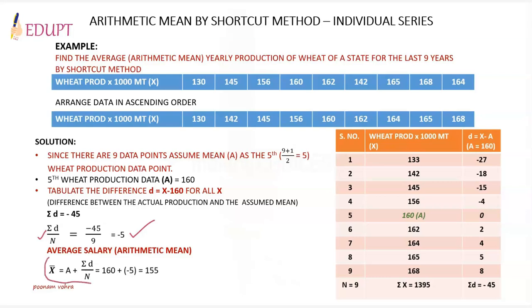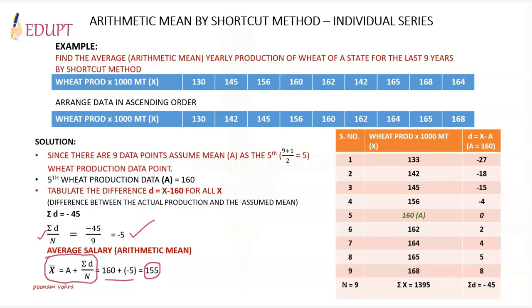X bar is equal to a plus sigma d by n. A is the assumed mean, which is 160. Sigma d by n we have found as minus 5. So the answer is 155.